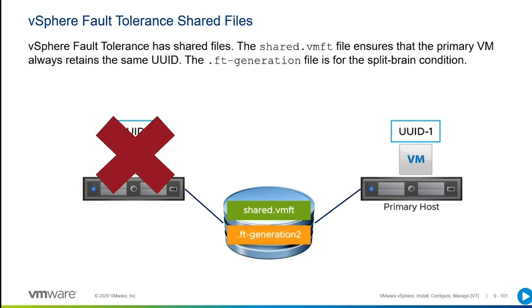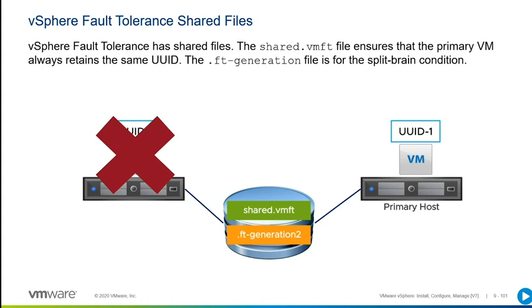Here's the next thing that happens. During normal operating circumstances, the primary VM creates a lock on the .ftgeneration file. Okay. The secondary host attempts to rename .ftgeneration to .ftgeneration2.